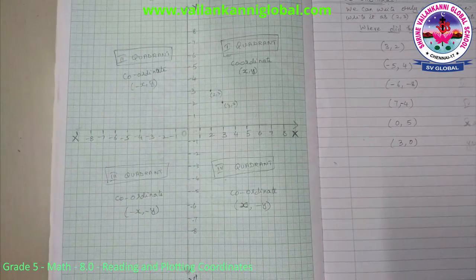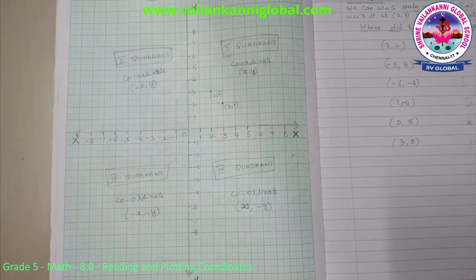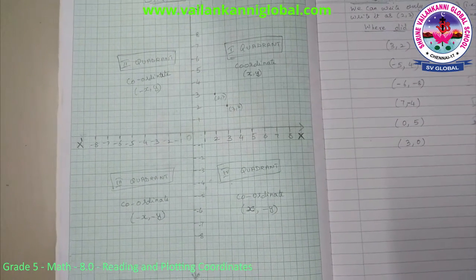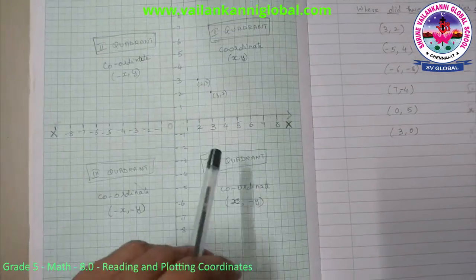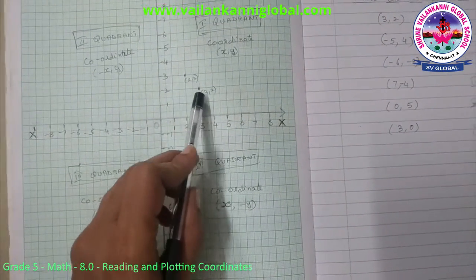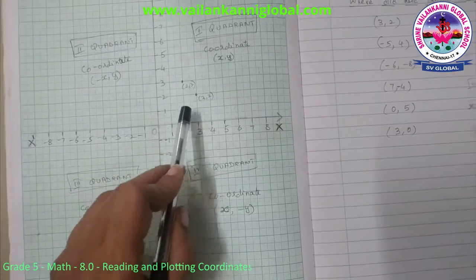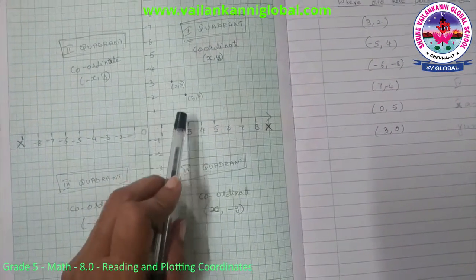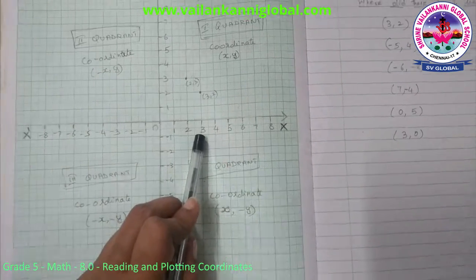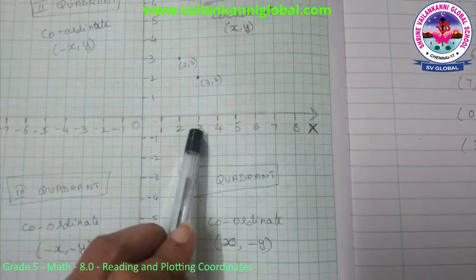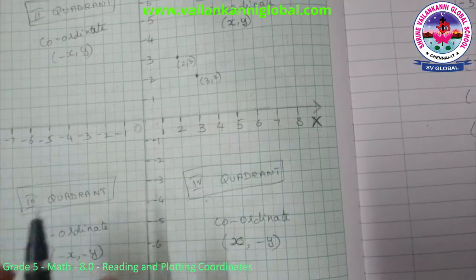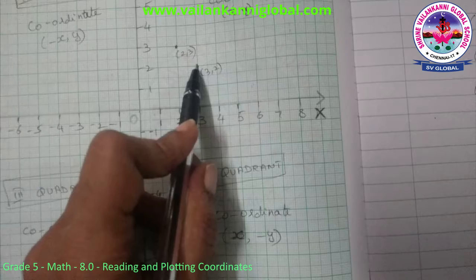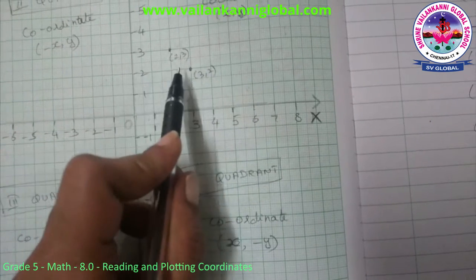Then if you mark a point randomly anywhere in this plane, for example if I mark here, we name it as 3, 2. In the x-axis we marked it as 3, then in the y-axis it's 2.